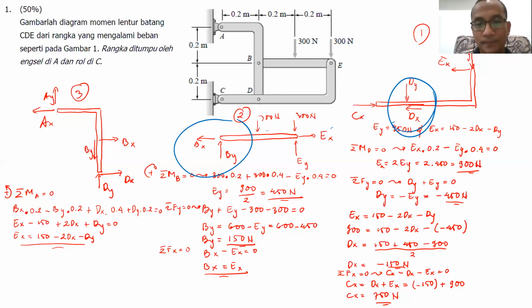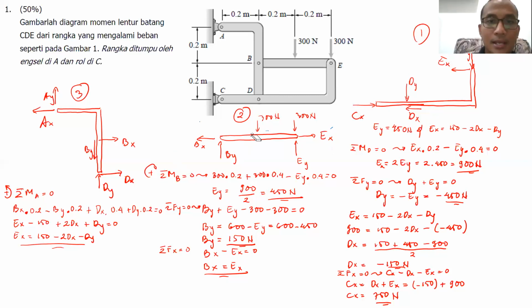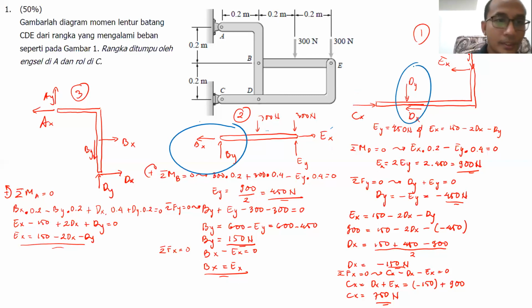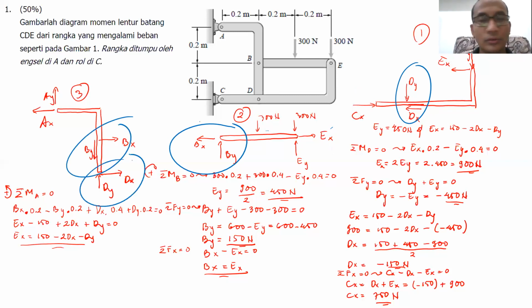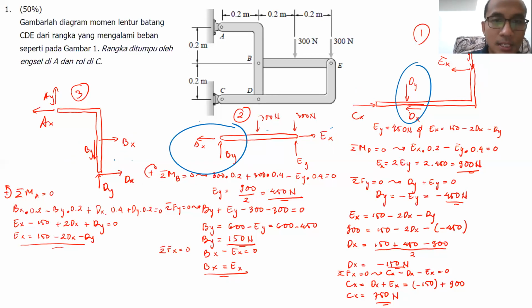So the direction here, I can't just put anything that I want. No, I can't. What I have to do is put the direction of Px and Py here as the opposites of Px and Py in the second free body diagram, because it's action and reaction, right?